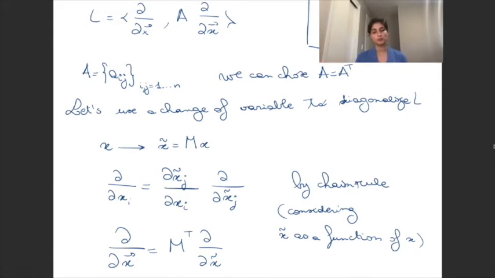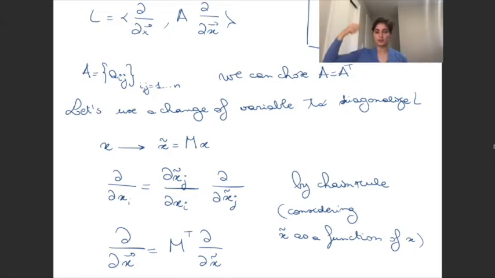Now by chain rule, taking the derivative with respect to xi is the same thing as taking the derivative of x tilde j with respect to xi, times delta over delta x tilde j. It's much easier to have it written than actually saying it aloud. And remember, about the Einstein convention, there is a sum over the index j in this term.